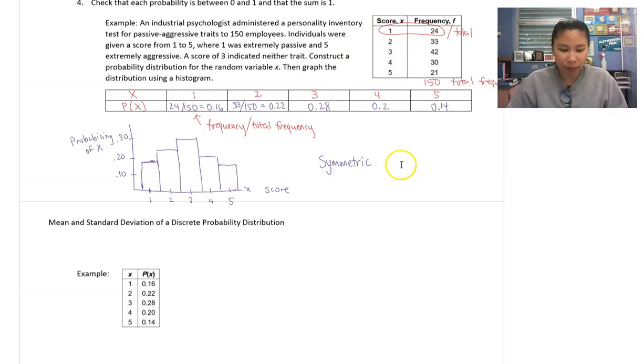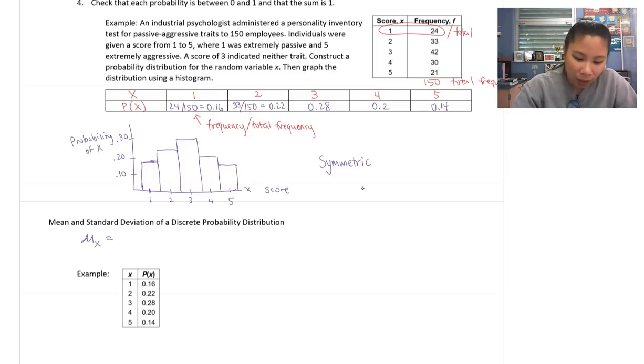So to calculate a mean, the symbol for mean is that Greek letter mu. It looks like an M, looks like a U, so we read it as mu. So we write it as mu of x, meaning the mean of the x variable. You're going to add up the sum of all your x values multiplied by your probabilities, so P for probabilities.